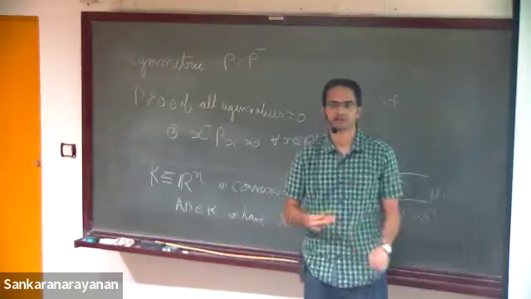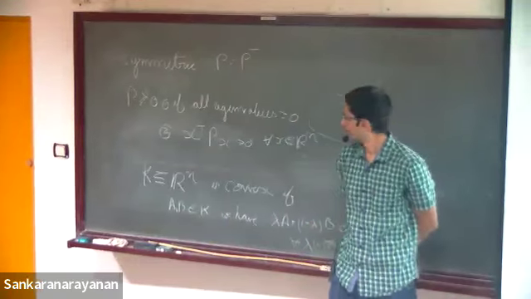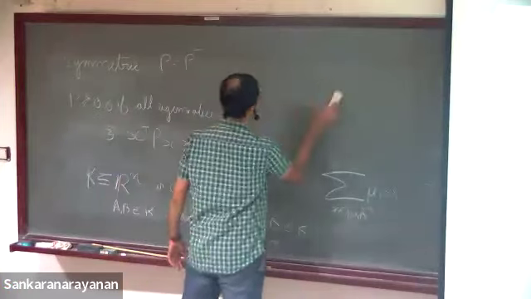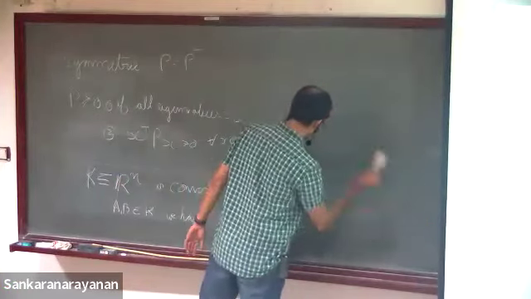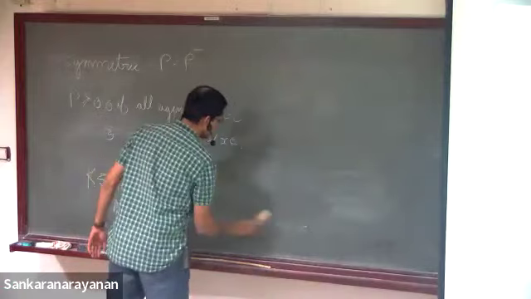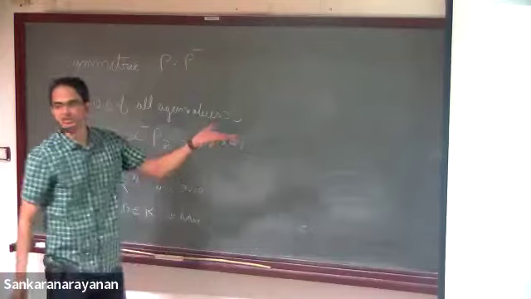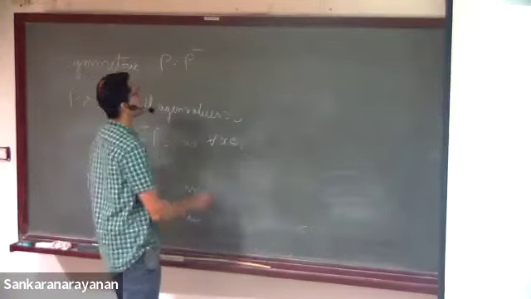Any other questions? What's a Gaussian vector? Let me do this in one dimension. What is a normal random variable?